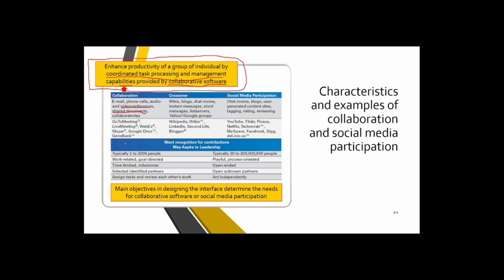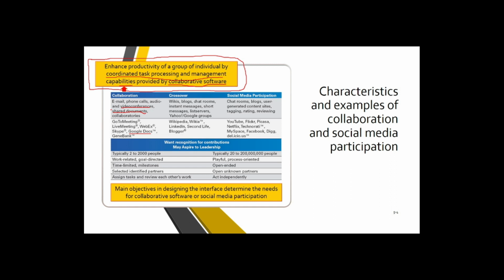And more importantly, the task could be very much related to the reason why you create or design the interface. In these examples, if you create an interface for an online learning platform, then you need to embed Google Docs software so that users can collaborate and review the assignments that have been submitted using the platform.